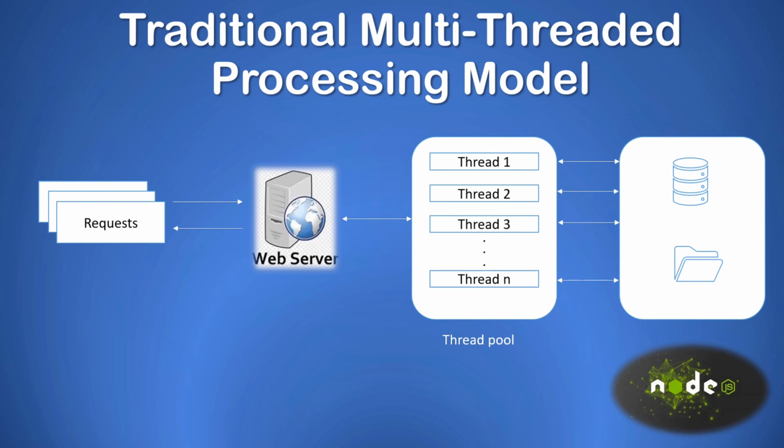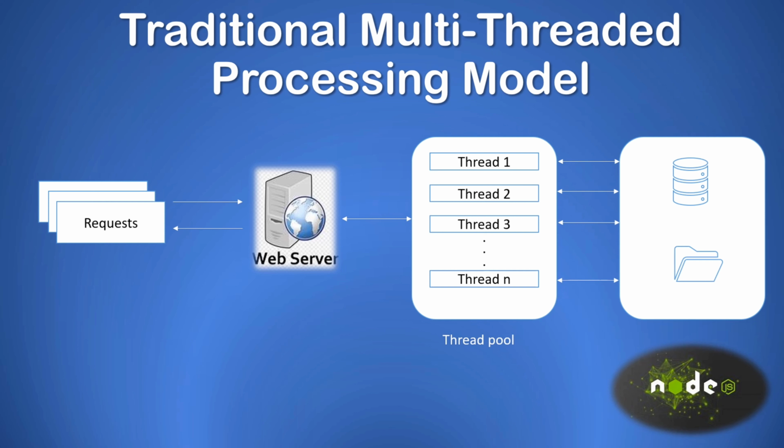If no thread is available in the thread pool at any point of time, then the request waits until the next thread is available. A dedicated thread executes a particular request and does not return to the thread pool until it completes the execution and returns a response. This is how the traditional multi-thread model works, which has some disadvantages when it comes to performance. Performance-wise, it's not that great.